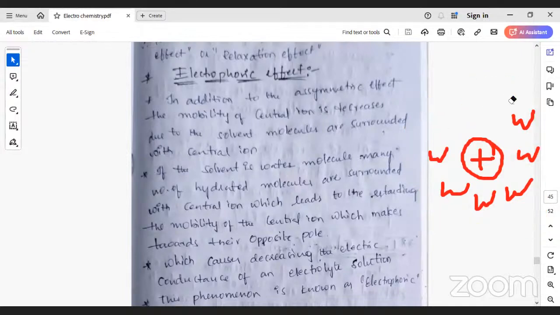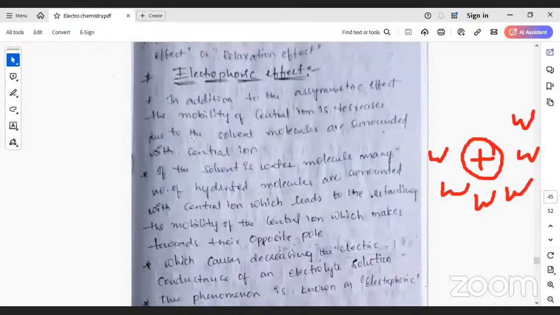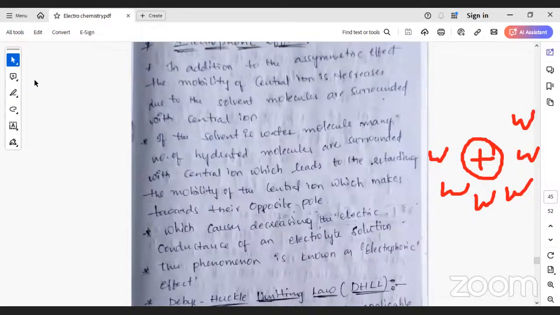Therefore, in this case also, the electrical conductivity of the solution decreases. Such an effect is known as the electrophoretic effect. In addition to the asymmetric effect, the mobility of the central ion decreases because solvent molecules, the water molecules, are surrounded with the central ion.